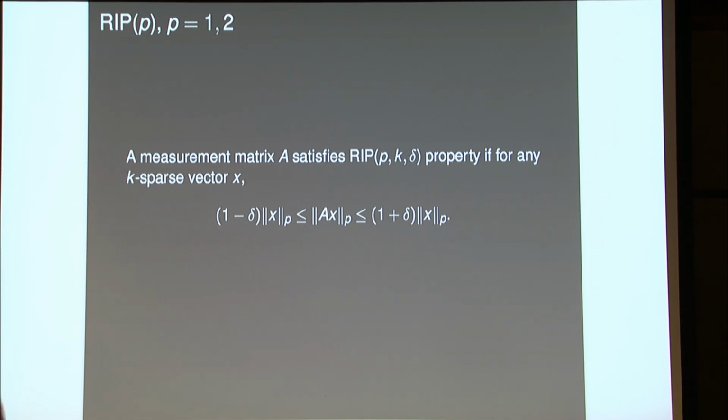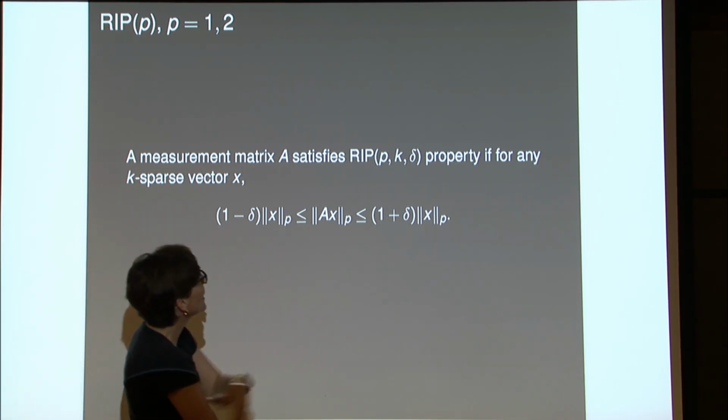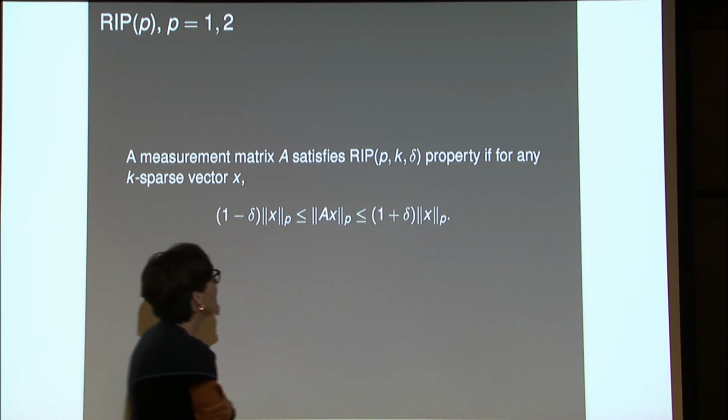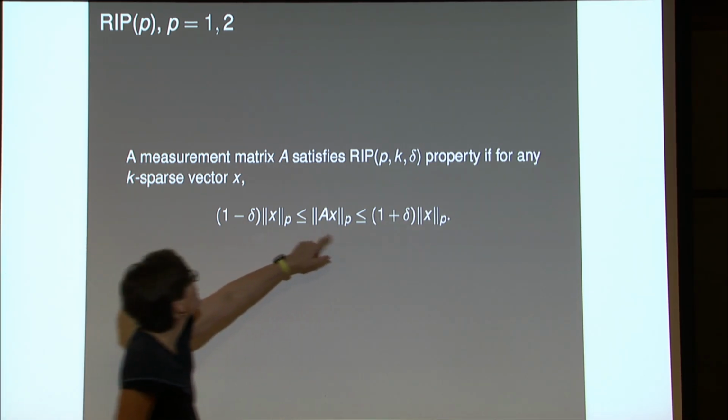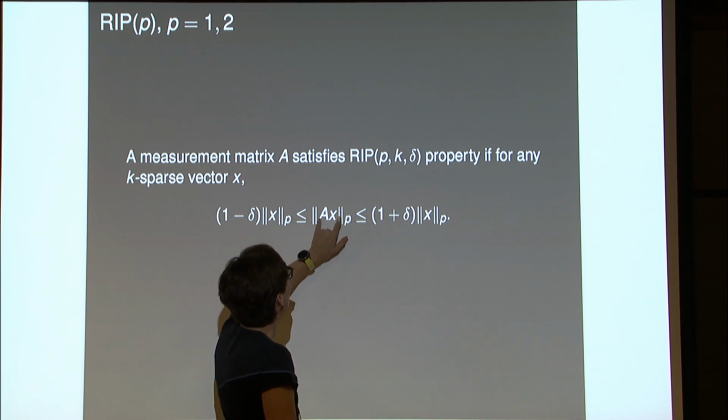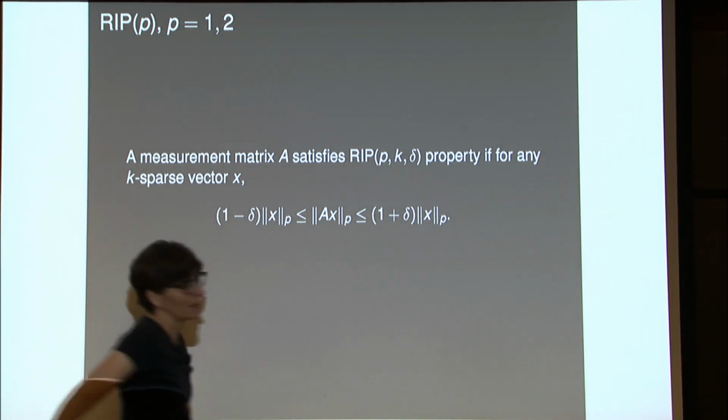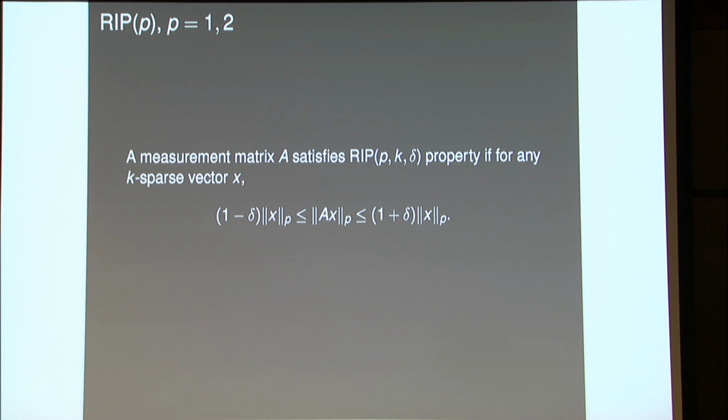A restricted isometry property of order k and parameter delta. And basically, the interpretation is that on k-sparse vectors, these dense random matrices were near isometries. So on any k-sparse vector, the L2 norm of the image of the vector was roughly equivalent to the L2 norm of the original vector.